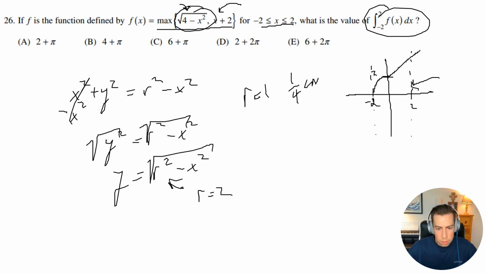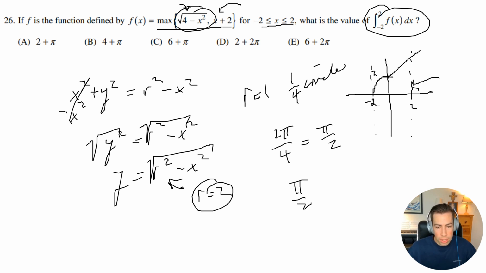Now, for the unit circle, if r equals 1 and I have 1/4 of the circle, that's just going to be 2 pi divided by 4, which is pi over 2. However, if my radius is 2 instead of 1, I need to double this value. So I will have pi over 2 multiplied by 2, and I will then get an area of pi.